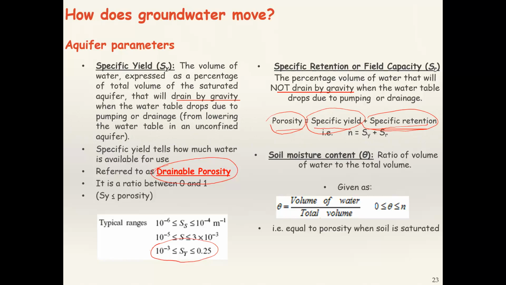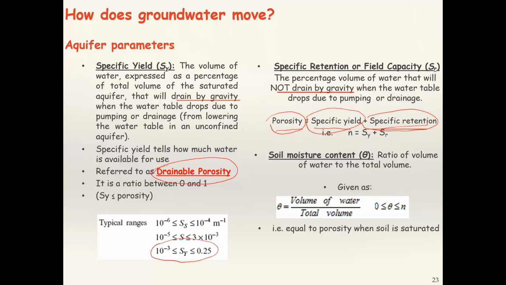Right? But you learned the area below the water table is fully saturated, but the area above the water table is partially saturated. That is what we call the unsaturated layer. So the soil moisture content indicates how much water we have in that unsaturated or saturated layer. If it is a saturated layer, soil moisture content is 100%.